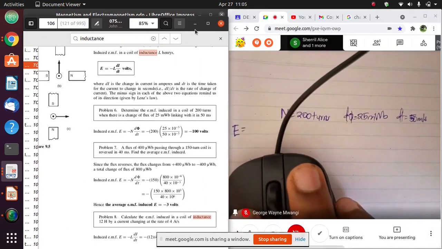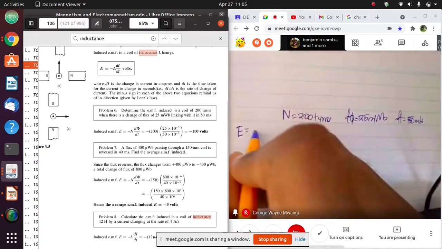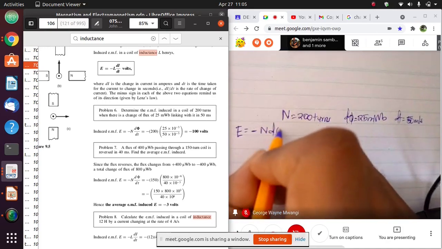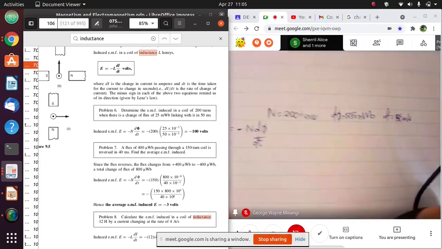So we will take the formula E equals negative N, change of flux with respect to time.